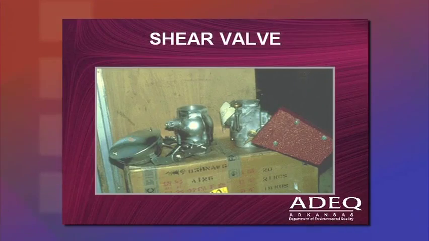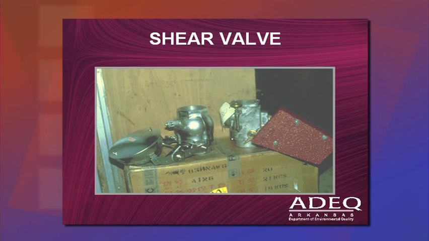While we're talking about automatic and electronic line leak detectors, you can see a picture here of a shear valve. The shear valves are set up to go right at the bottom of your dispenser on your dispenser island. They're set so in case somebody gets a little rambunctious, jumps over your island and smacks your dispenser, these valves will shear.